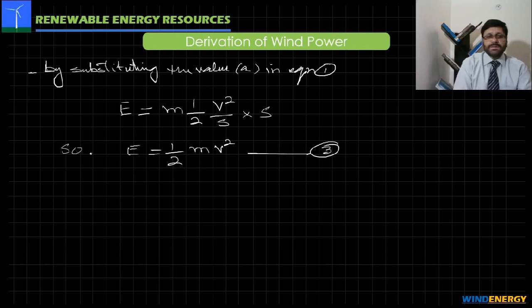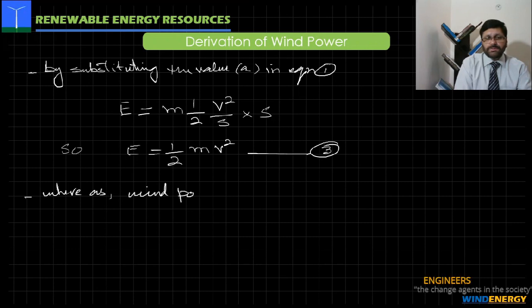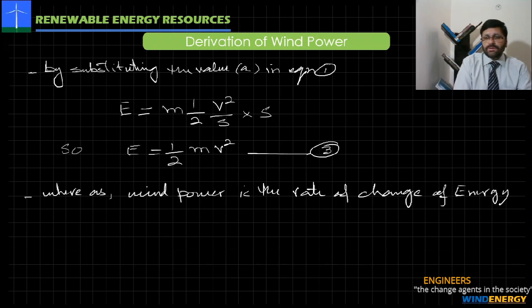Whereas we know wind power is the rate of change of energy, which is P is equal to dE upon dt.